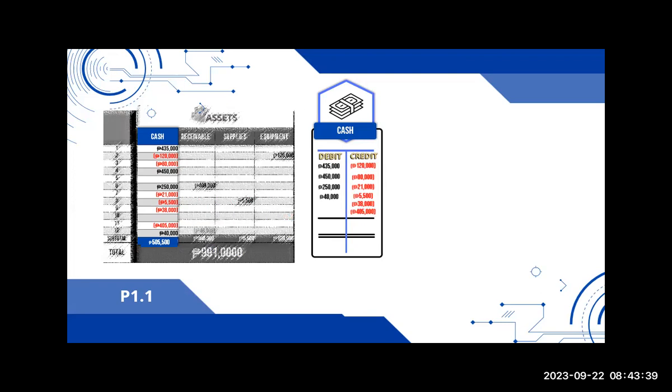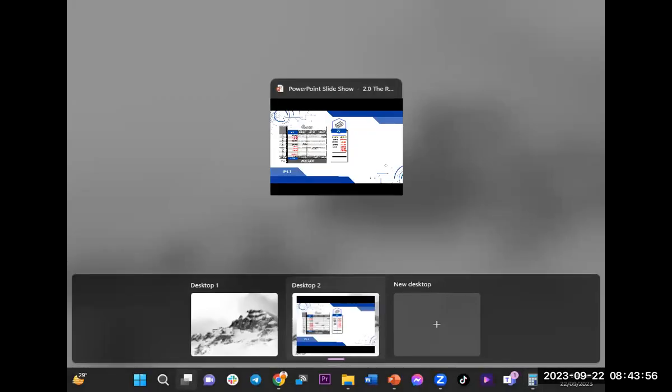debit because it increased. The next step is, we need to get the subtotals. Right? So, there are two lines. The ones here are just subtotals. So, we add, right? Basically, 435, sorry, I don't know how to show that. Yeah, sorry.